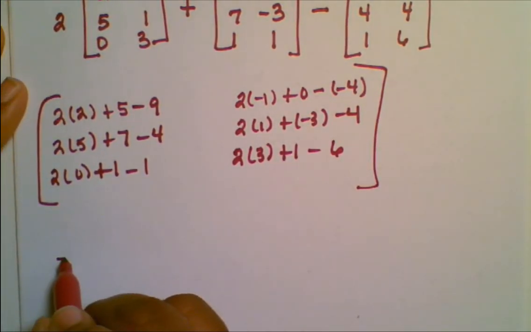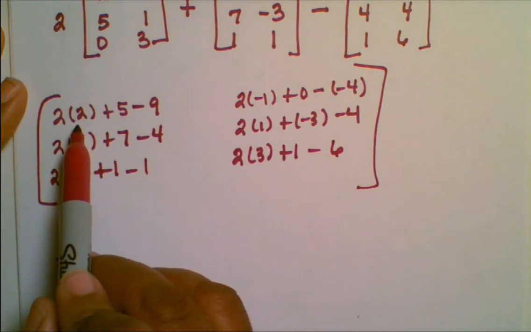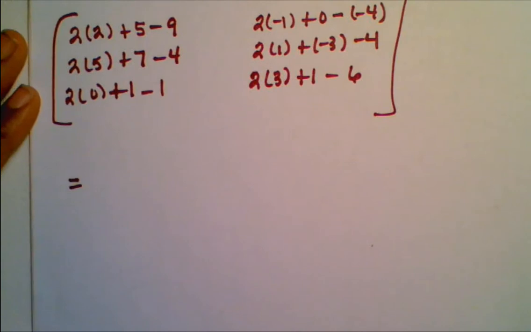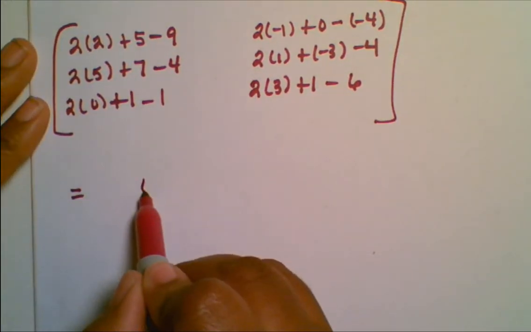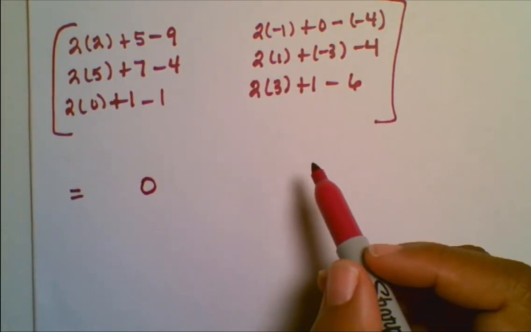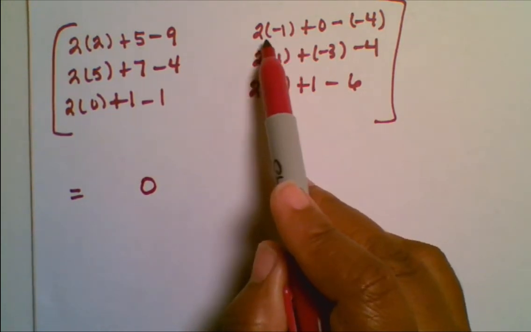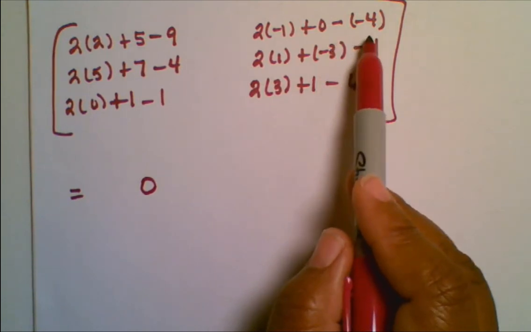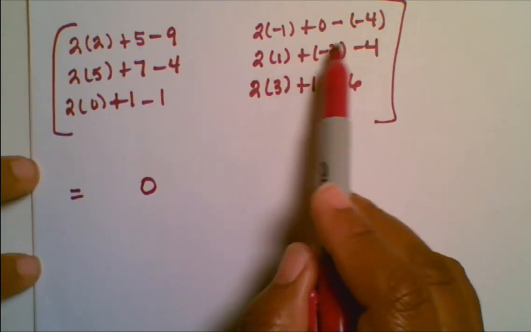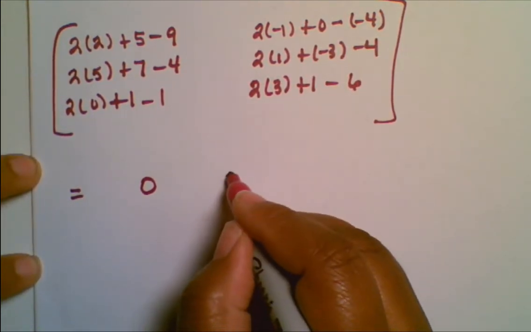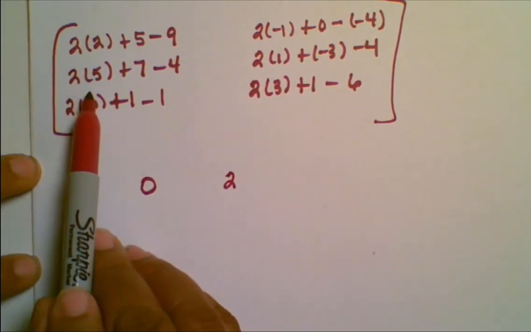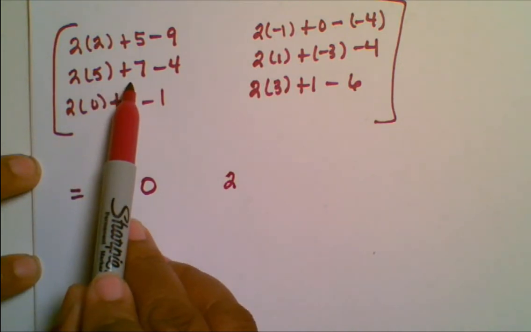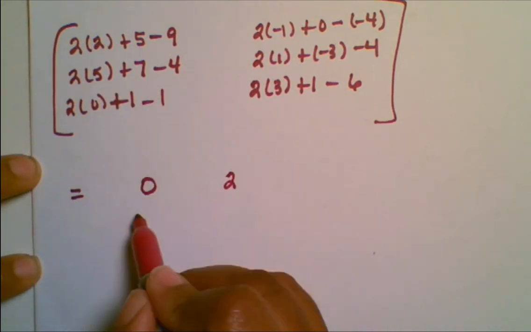So our answer: we have 2 times 2, which is 4, plus 5, that is 9, then minus 9, that gives us 0. The next one, 2 times negative 1 is negative 2, plus 0 is negative 2, minus negative 4. That's negative 2 plus 4, we have 2. Second row, 2 times 5 is 10, plus 7 is 17, minus 4, we have 13.